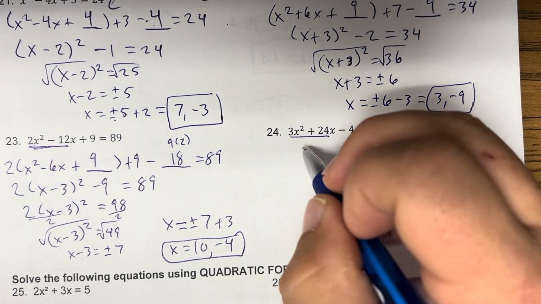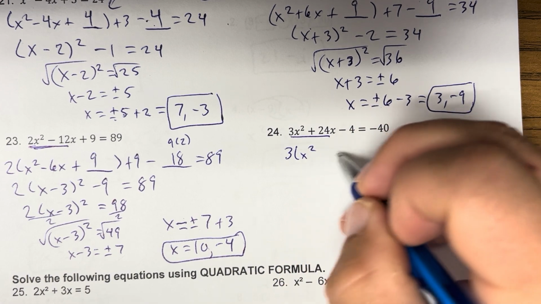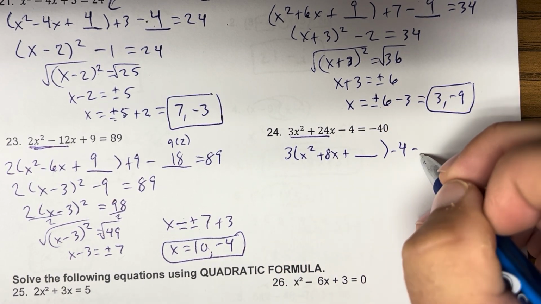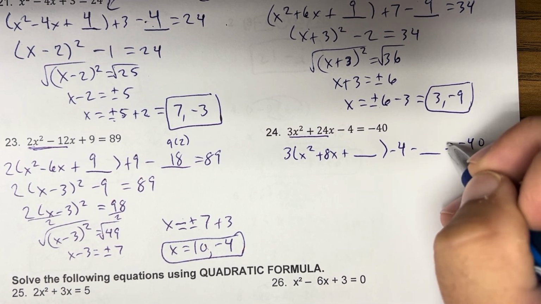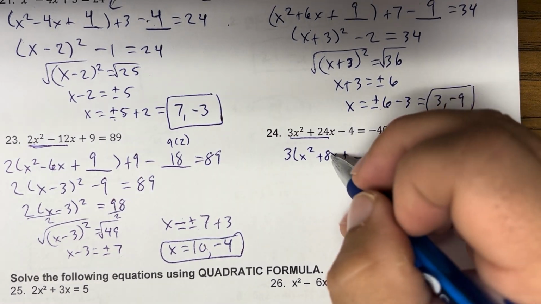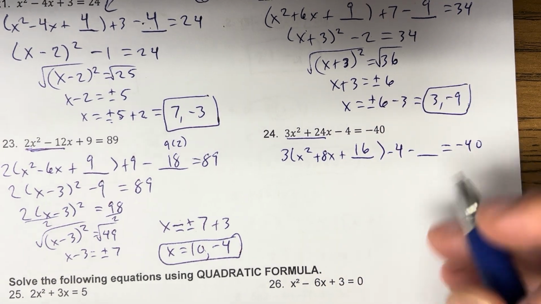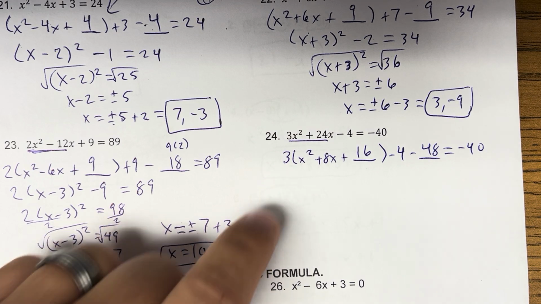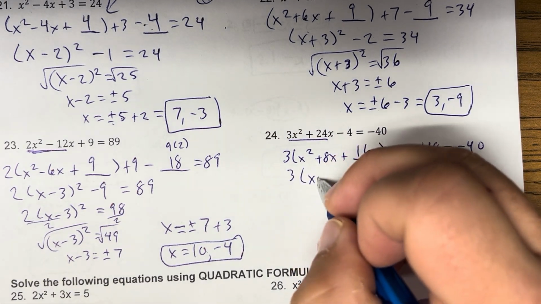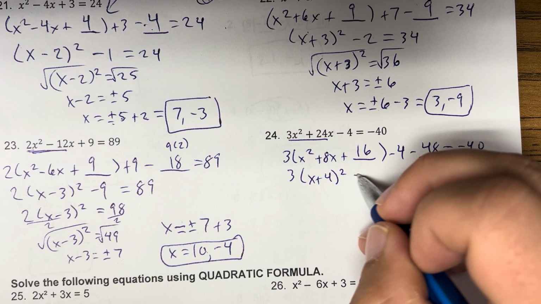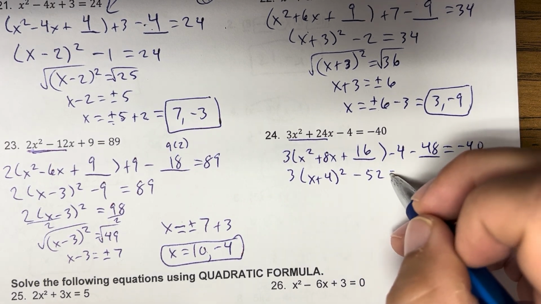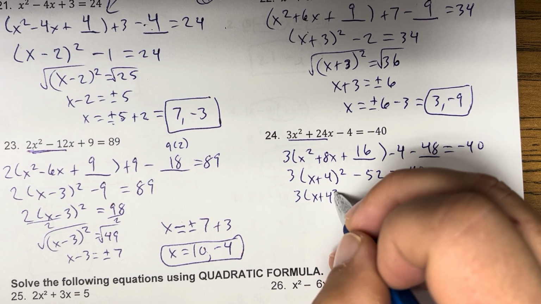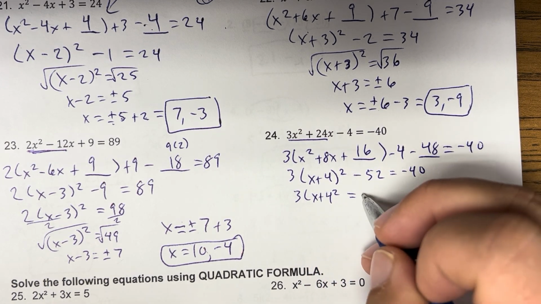Again, I'm going to take out a 3 from these two terms, so 3x squared plus 8x plus blank minus 4 minus blank equals negative 40. And so half of 8 is 4, 4 squared is 16. 16 times 3 though, that's going to be 48 right here. So I have 3x plus 4 squared minus 52 is equal to negative 40. 3x plus 4 squared, I'm going to add the 52 over to get 12.